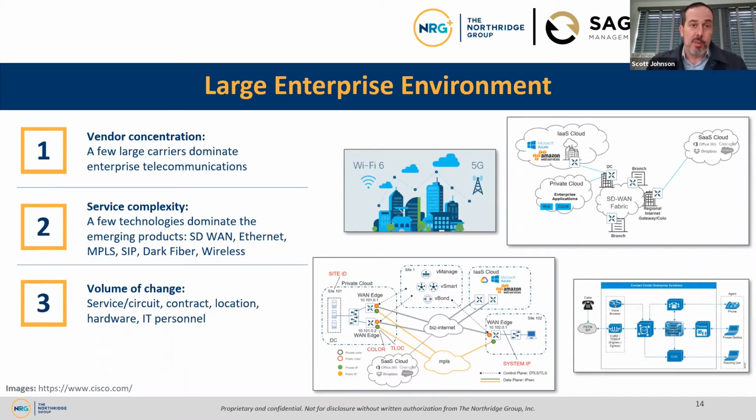But there's also a driver with those vendors. Those vendors are great at producing these new emerging technologies, so you can go from an old network to a new network, apply AI on top of that new network, and differentiate from an enterprise standpoint. They obviously need to get paid for those services, but they're not really interested in billing. The billing is just as complex as the service delivery, and they have to maintain it.